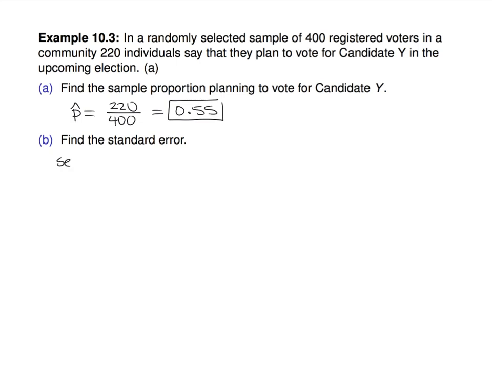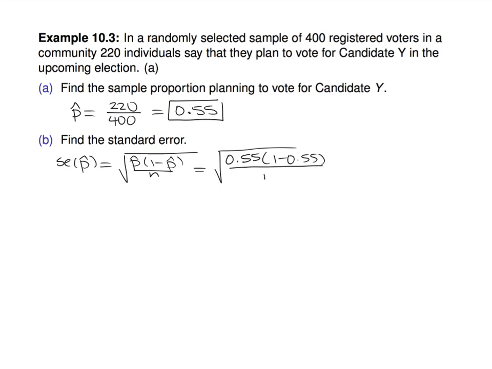Find the standard error of p hat. Well, the formula for that is the square root of p hat times 1 minus p hat over n, or root of 0.55 times 1 minus 0.55, which is 0.45, over n.